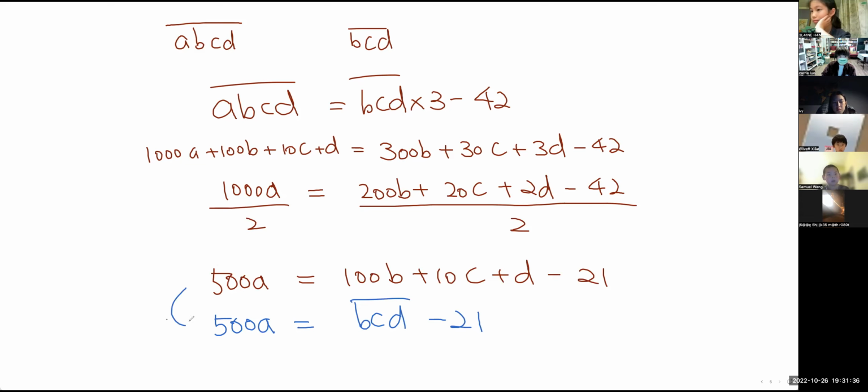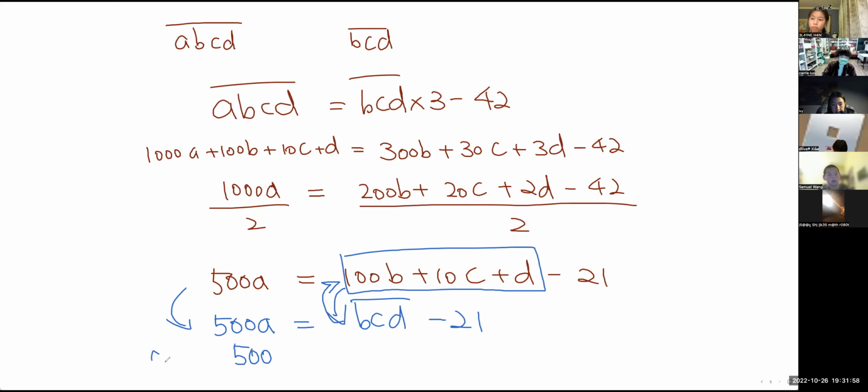That is the moment I think some people start to get confused. You need to know how to transfer this one to that, and how to transfer it back. So when A equals 1, we start trying because A cannot equal 0. So 500 equals BCD minus 21, so BCD equals 521.